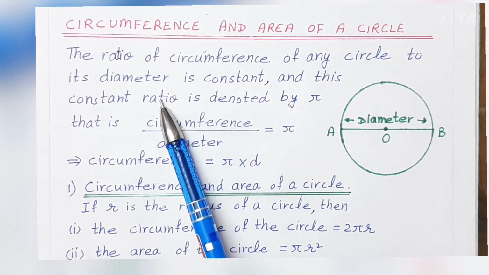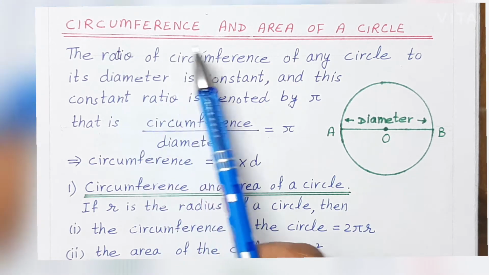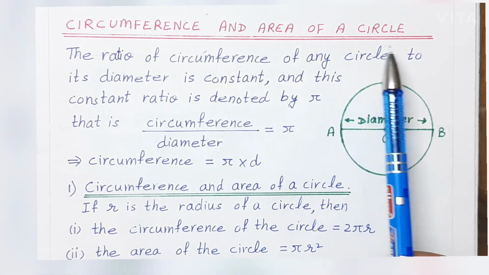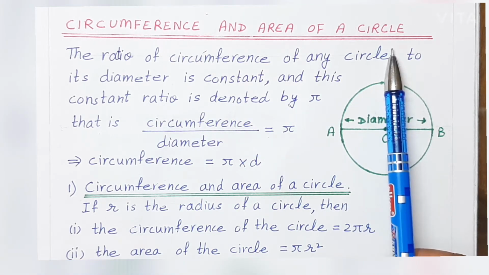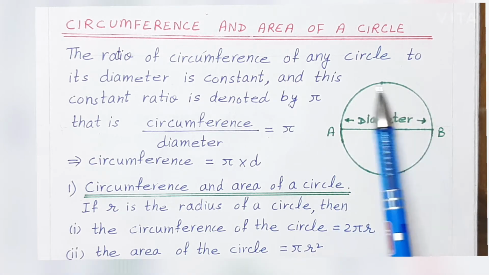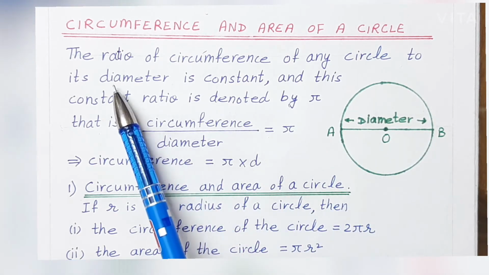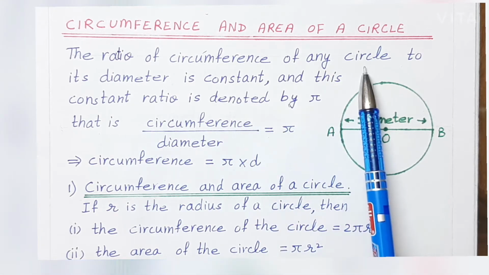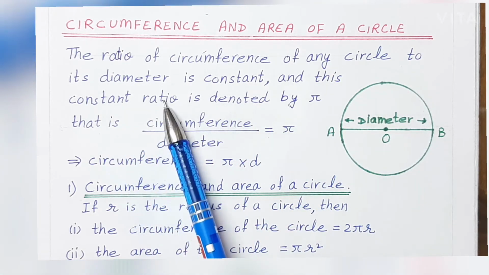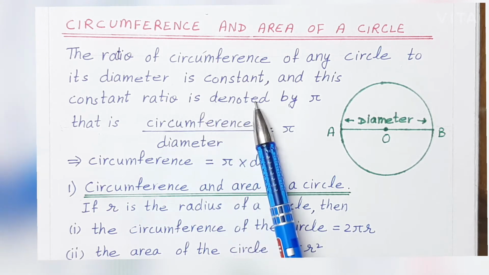Now students, let us discuss circumference and area of a circle. Now children, you all know what is a circle. The ratio of circumference of any circle to its diameter is constant.